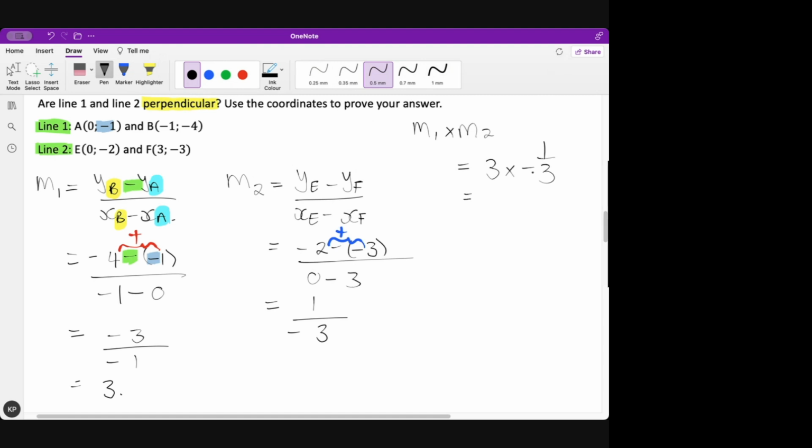Nice. Yes, they are. A positive and a negative gives me a negative. And 3 times -1/3 is equal to -1. And my answer is yes, they are perpendicular.